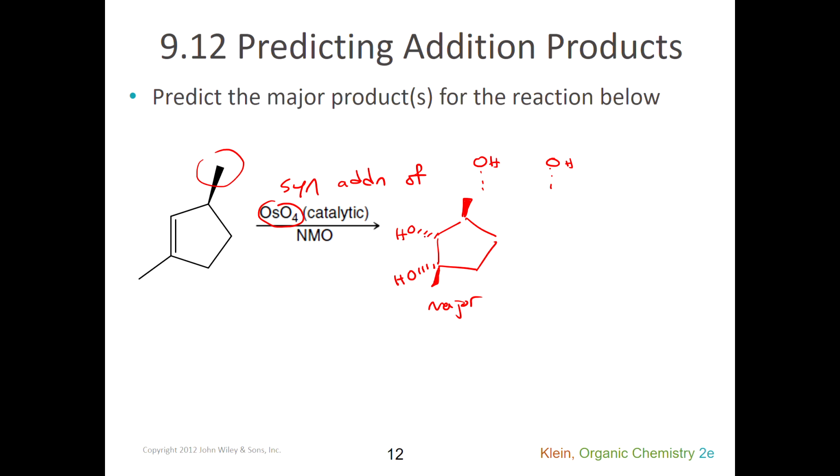The methyl group's not huge, so it wouldn't probably totally block the top side. And so I would also get some of this other product where the two OH groups end up coming on the top side of the alkene, pushing the methyl group down. So this would probably be a minor product. So what's the relationship between these two products?